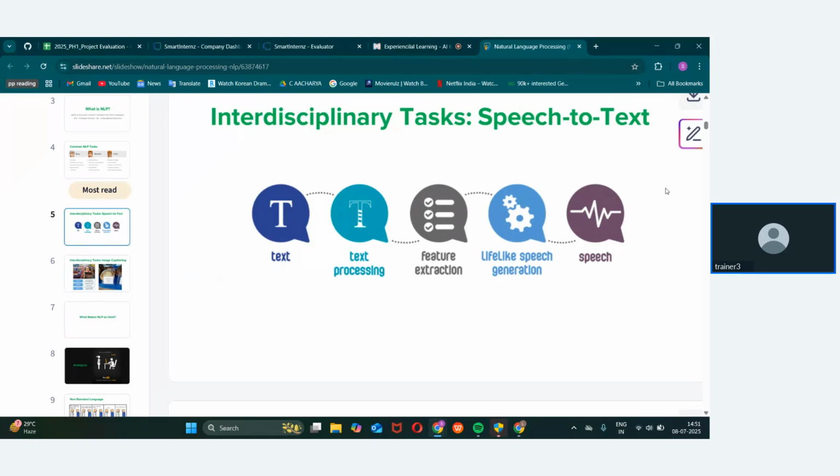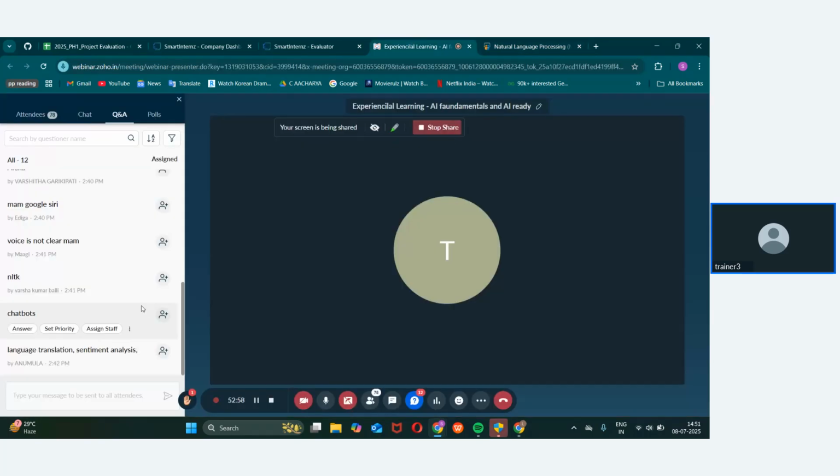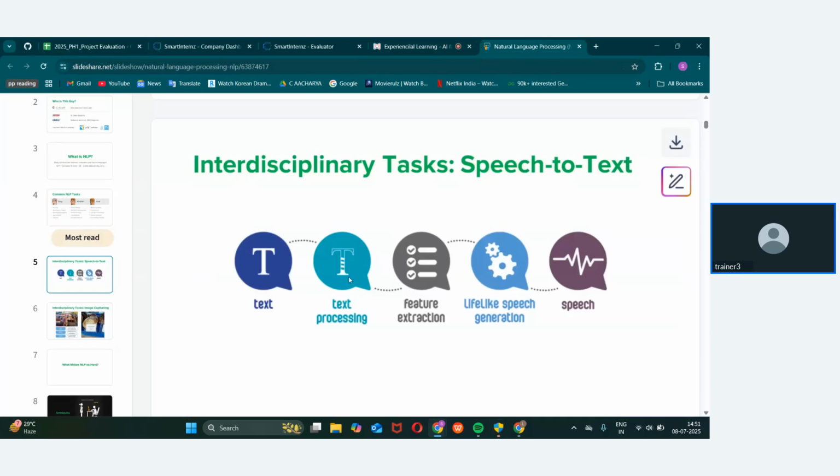You just type or speak anything, and it replies to you with speech. It generates the speech and lets you know, right? You can have a look at this. This is all the process that goes on behind. I hope everyone's following too.